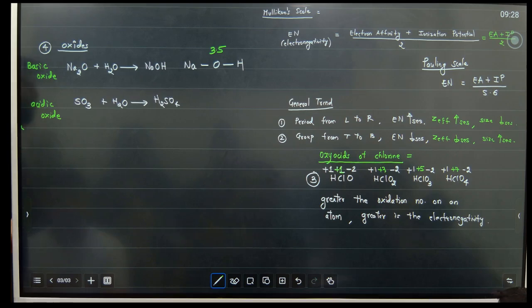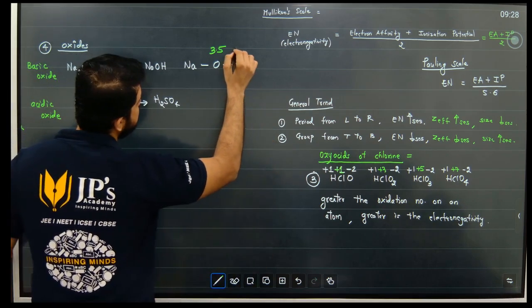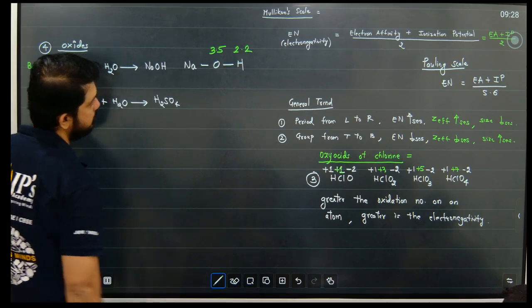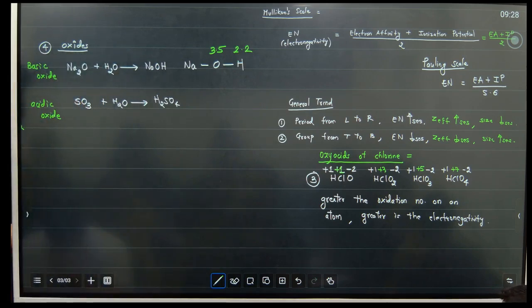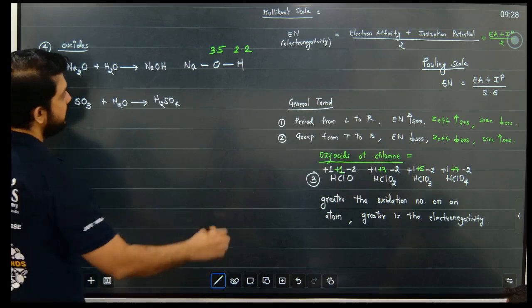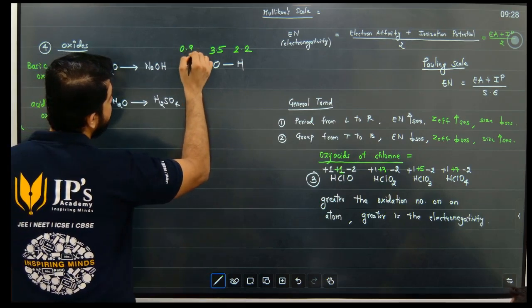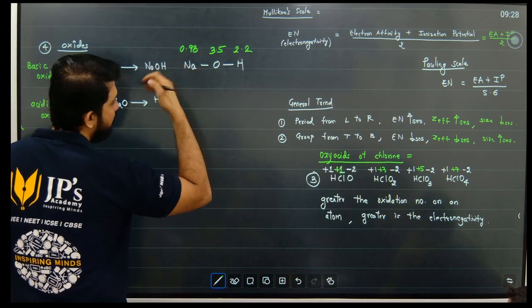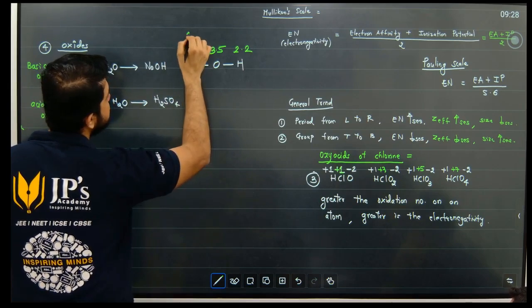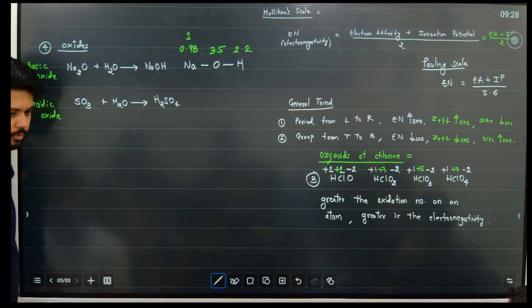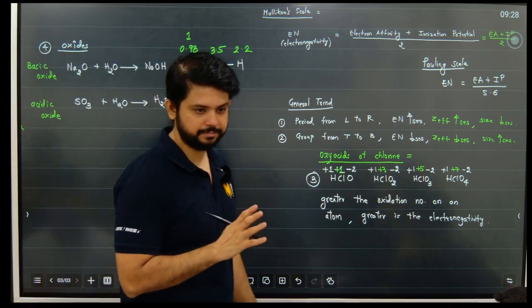The electronegativity of hydrogen on the Pauling scale is around 2.2. And the electronegativity of sodium on the Pauling scale is 0.98. For our convenience, let's take this as 1. It makes calculation easy for us.